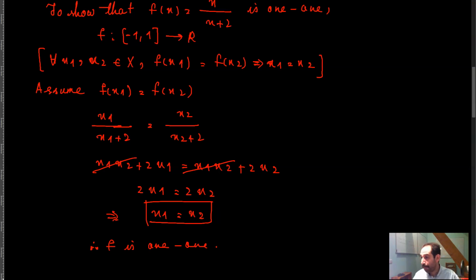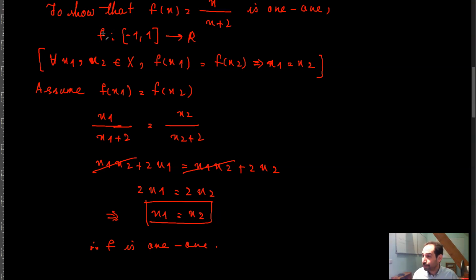Okay, so for the solution here, f from -1 to 1 to R is given as f of x is equal to x over x plus 2, and so f is a 1-1 function. That's basically one part.